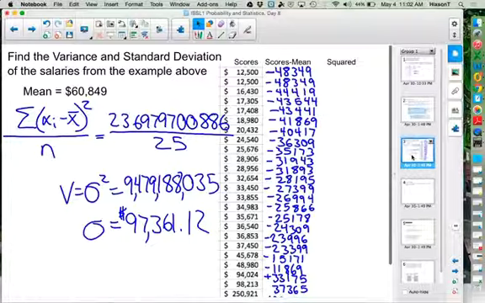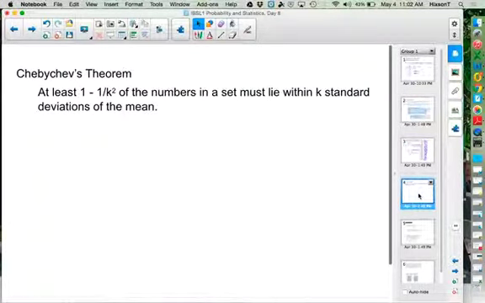But in the normal distribution, we use the standard deviation to determine what percent of our data lies within a certain range. There's another thing in here, a theorem by Chebyshev. Chebyshev's theorem says that at least 1 minus 1 over k squared of the numbers in a set must lie within k standard deviations of the mean.